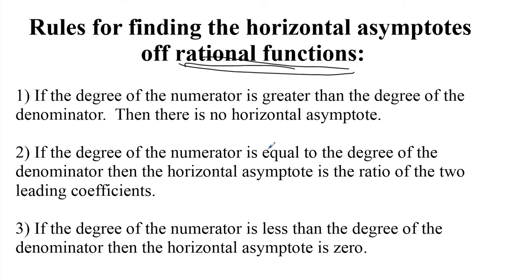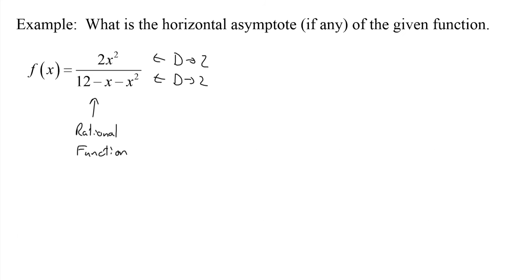The degree of the numerator is equal to the degree of the denominator, so the horizontal asymptote is going to be the ratio of the leading coefficients. The ratio of the leading coefficients is going to be 2 over -1, so y equals -2 is going to be our horizontal asymptote.